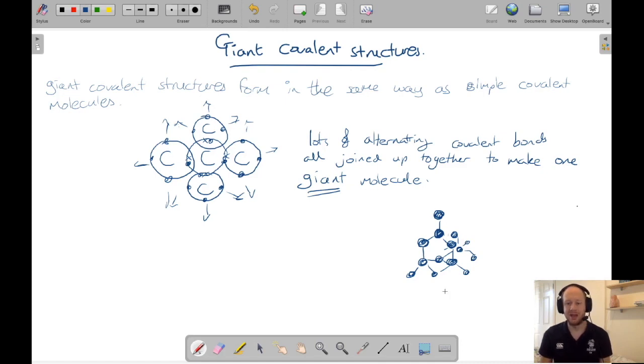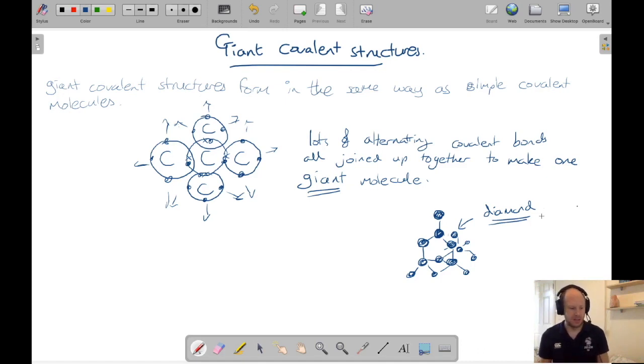So this here, I'm sure most of you have understood, is diamond. And diamond is a really good example of a molecule. Sorry, not a molecule. A giant covalent lattice that is a really good example of what we would expect giant covalent structures to be like.